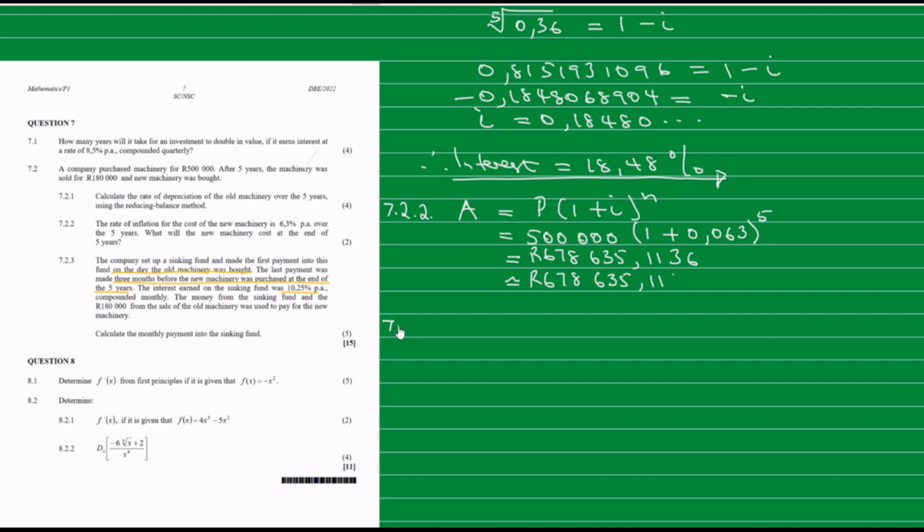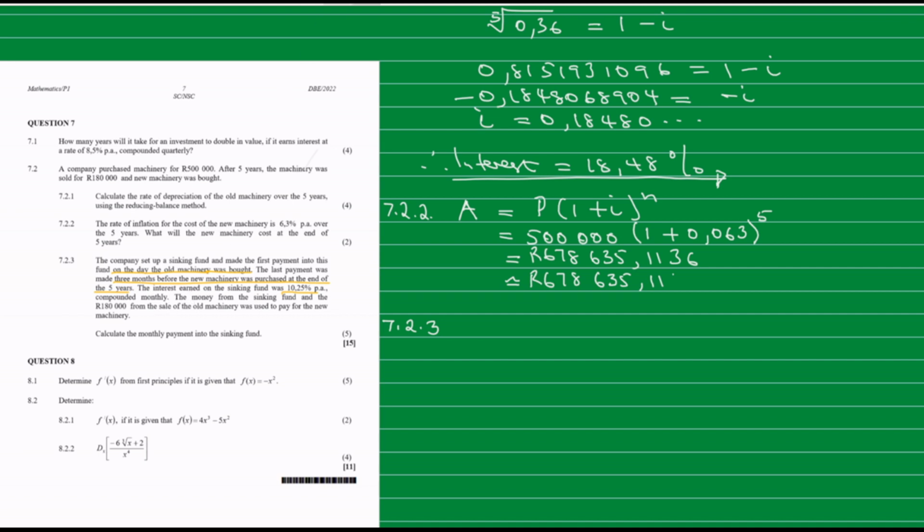Then we come to 7.2.3. The company set up a sinking fund and made the first payment into this fund on the day the old machinery was bought. The last payment was made 3 months before the machinery was purchased at the end of the 5 years. The interest earned on the sinking fund was 10.25% per annum, compounded monthly.